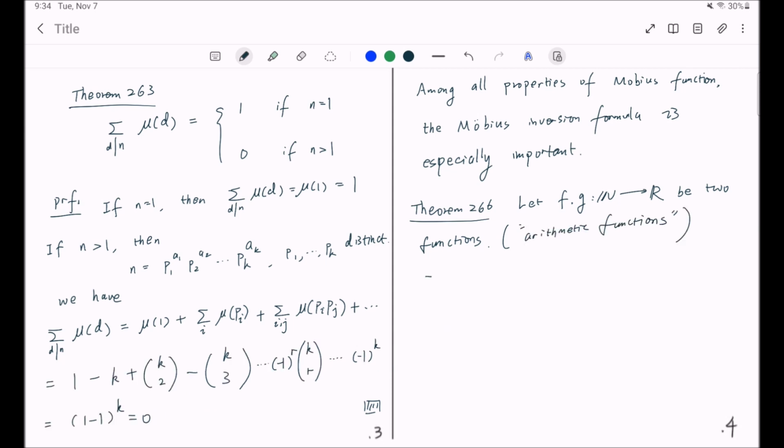Now if g of n is equal to the summation of f of d for d ranging over all divisors of n, then f of n is equal to the summation of mu of n divided by d times g of d for d dividing n.